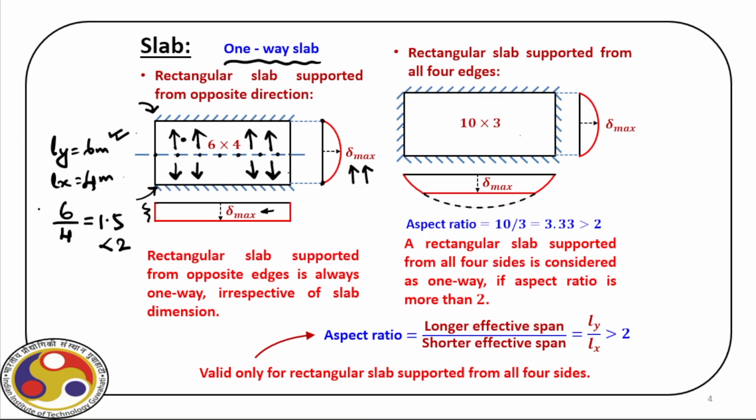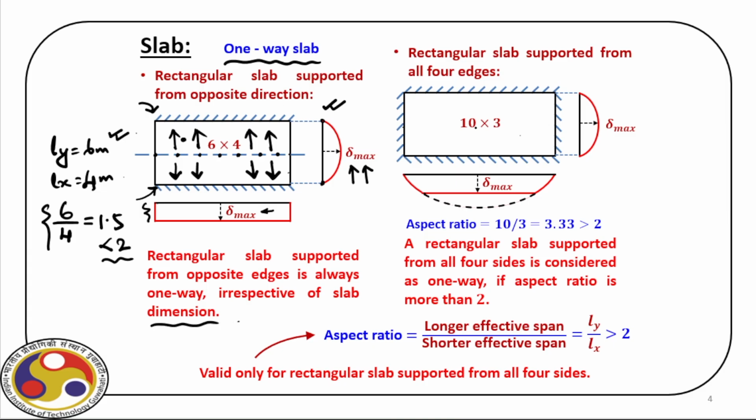Now, the point to be noted here is this ratio of Ly and Lx is less than 2, yet because of the support conditions, we have one-way behavior because we have deformation or deflection predominantly along the shorter direction, right? So, a rectangular slab supported from opposite edges is always a one-way slab irrespective of the slab dimension, as you can see in this problem.